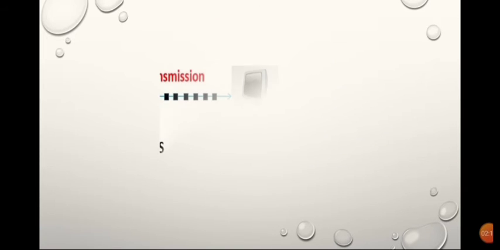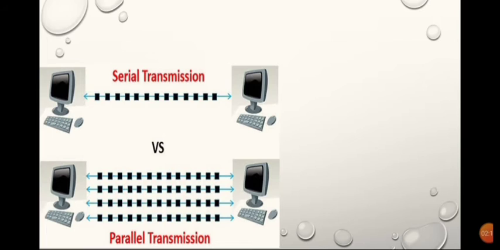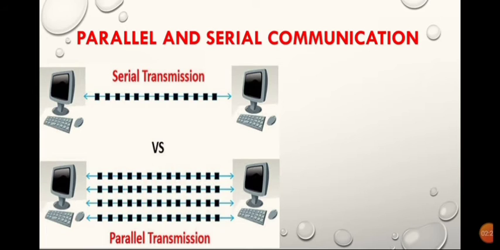Let us move towards the next topic: parallel and serial communication. Here you have the figure. This figure shows you the parallel communication and the serial communication. Basically it is communication between two computers. Here you have computer 1 and computer 2, in both cases.